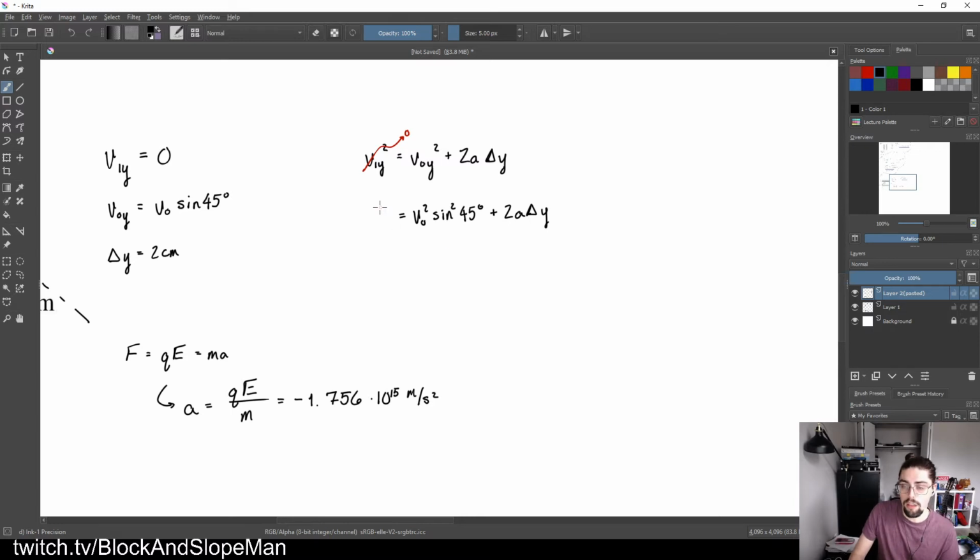We rearrange this thing, and what we'll end up finding if we solve out for v0 is equal to the square root of negative 2a delta y. Again, don't worry, we're not coming out with complex numbers right now. That a is negative. Divided by sine of 45. That square root just killed off the square. Plug in the values.